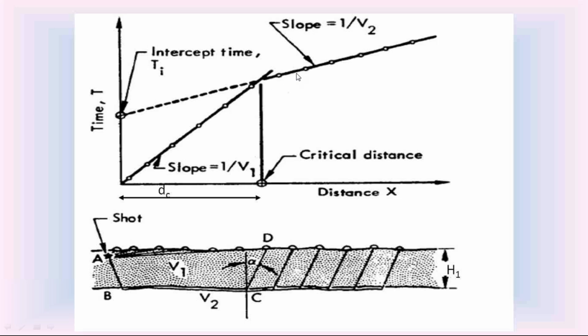These are the other geophones arranged on the ground level from the source, and the time of receiving the electric pulse by these geophones from the ground level. Then these two straight lines will meet at one common point, and the point is called the critical point. And from the horizon, measure the distance of that critical point; the distance is called DC.